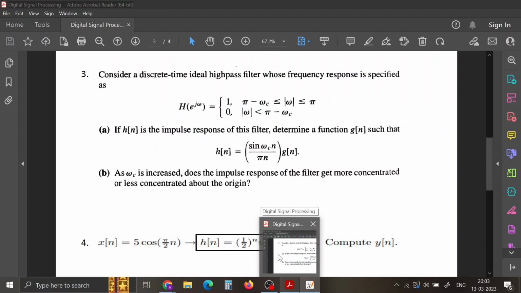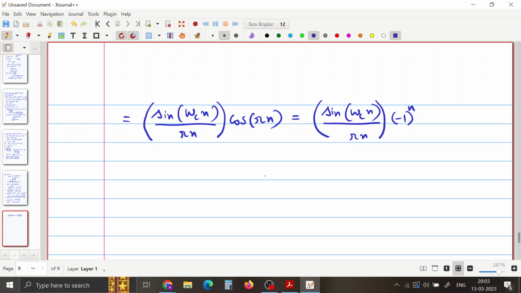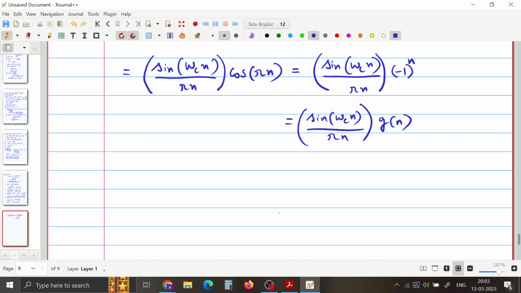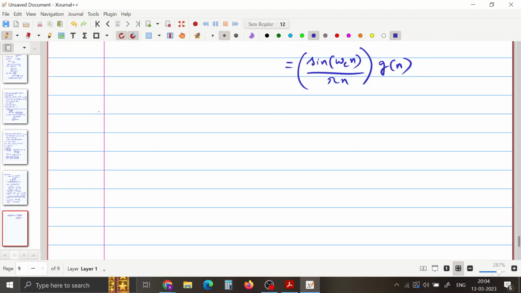So you see sine omega c n by pi n times g of n. If we compare, therefore g of n is our cos pi n, which is also minus 1 to the power n.